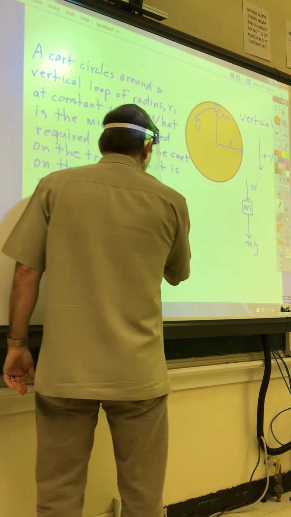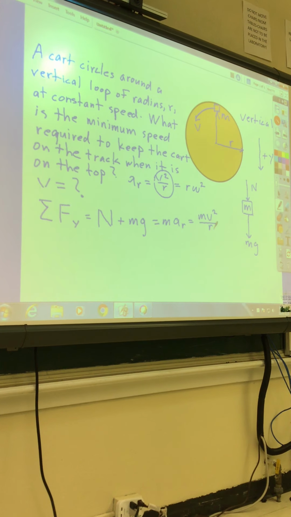In this case, we want this one because the problem asks for the speed. So this is equal to mv squared over r. I think that's right. Yes.